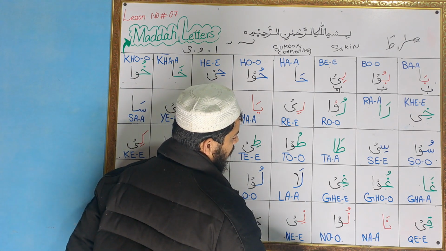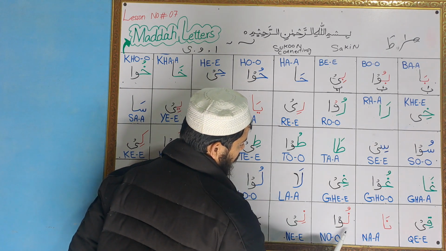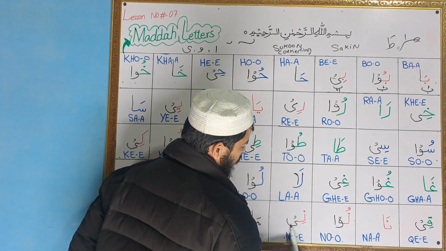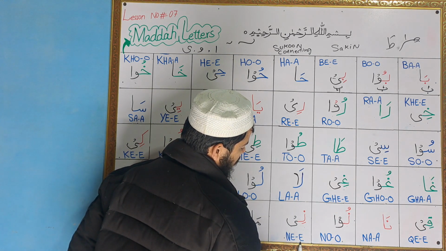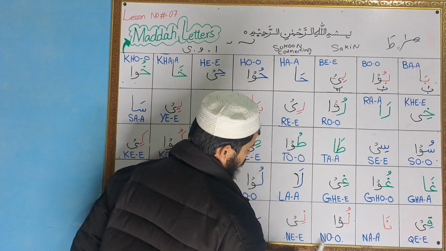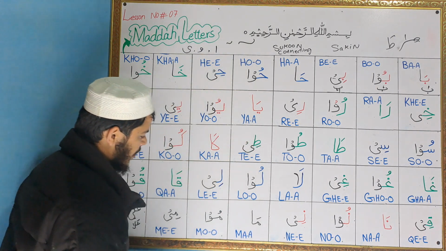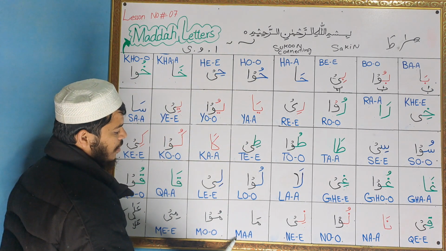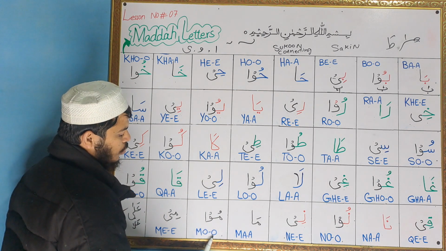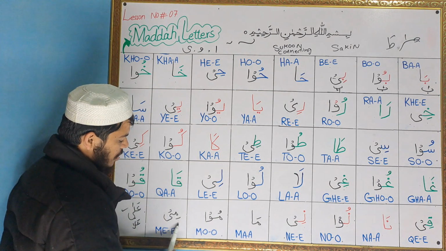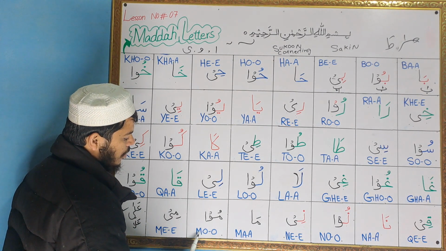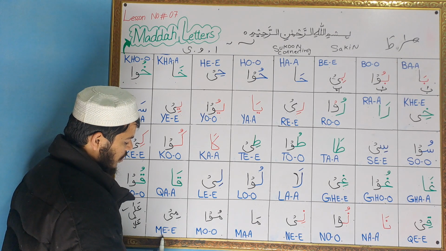Nun, alif, fatha, na, nun, waw, dhamma, nu, nun, ya, kasra, ni, na, nu, ni. Mim, alif, fatha, ma, mim, waw, dhamma, mu, mim, ya, kasra, mi, ma, mu, mi.